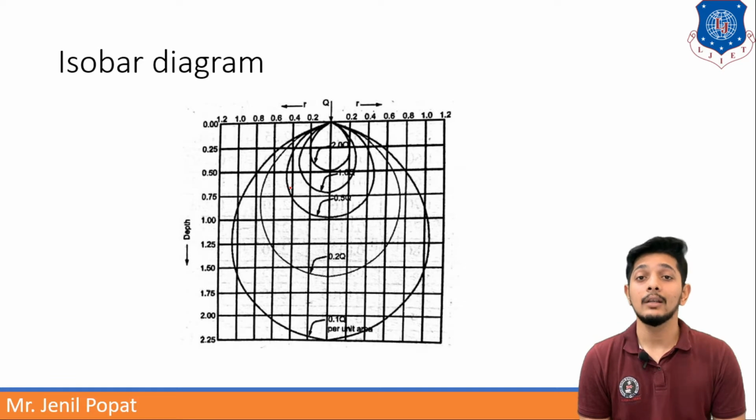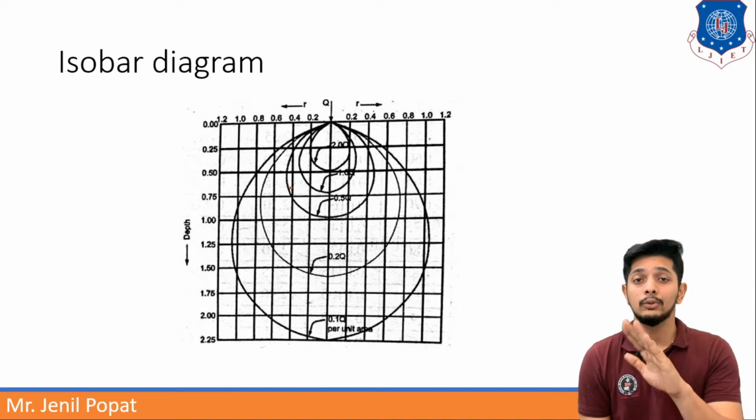An isobar is a spatial curve passing through all the points having the same vertical stress. Generally, an isobar diagram is in the shape of an electric bulb and it is symmetrical about its vertical axis.